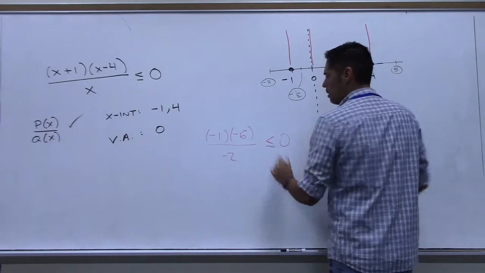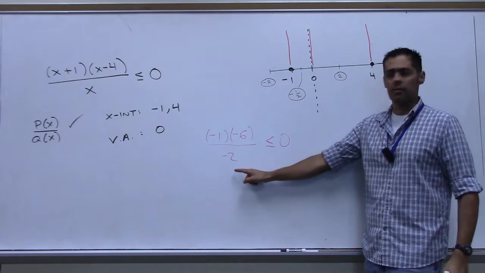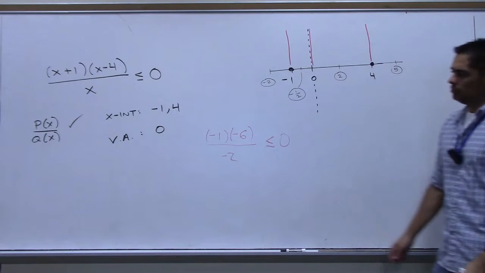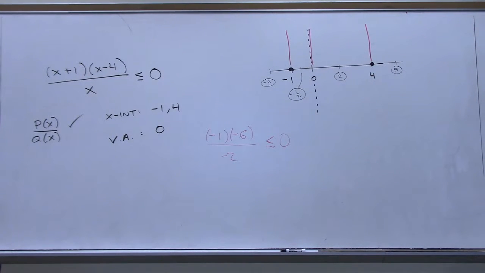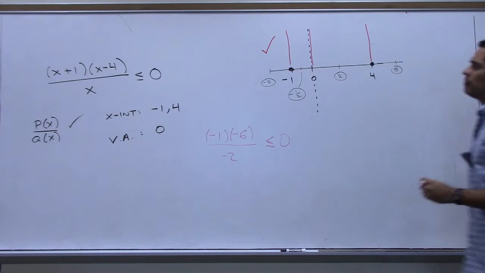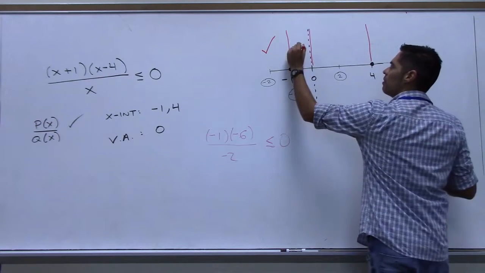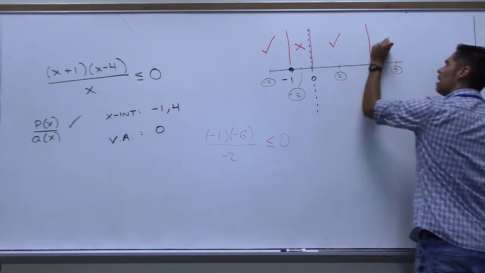Yes. Because you have a positive on top, a negative on the bottom. That's going to give you negative. It's less than 0. So does that region work? Yes. This region over here works. Next one's not going to work? So they switch. So it's not going to work, it's going to work, it's not going to work.